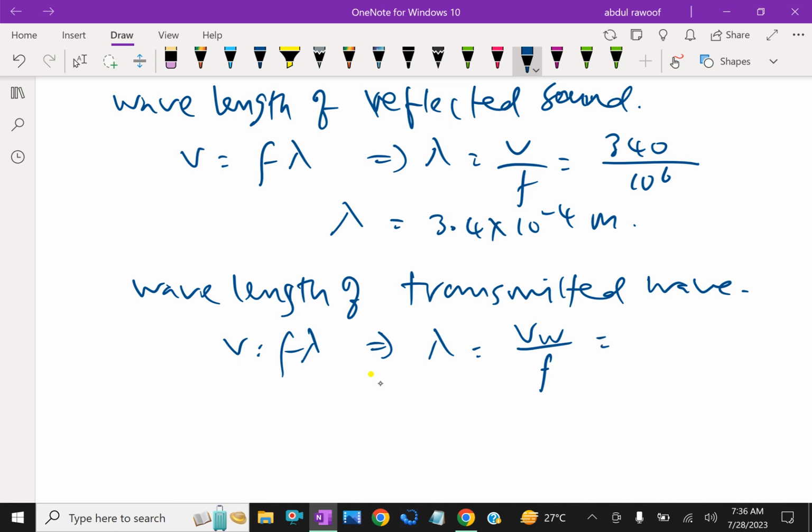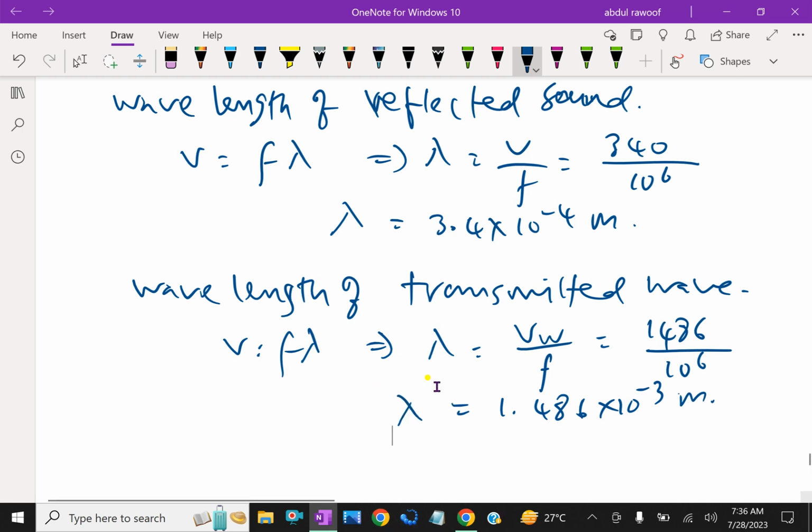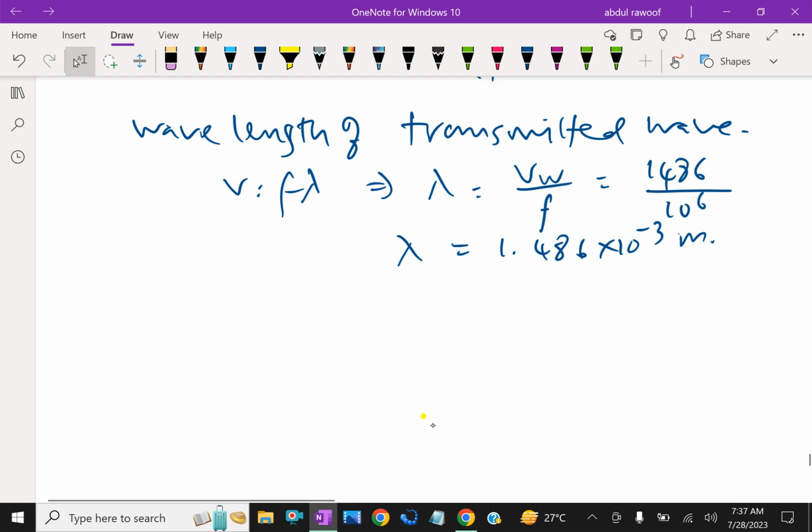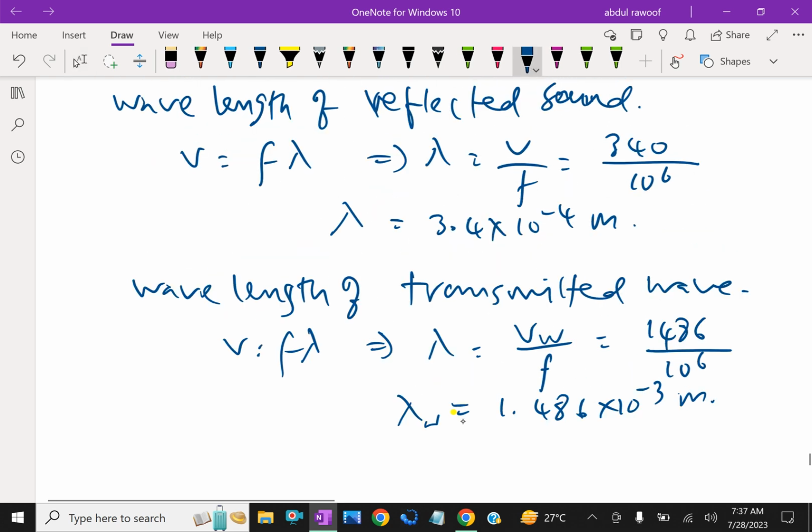Velocity in water is 1486 over frequency 10 power 6, which gives the value 1.486 into 10 power minus 3 meter. Now we calculated the wavelength of the reflected signal from the water surface and the signal transmitted through the water. Both we got. We can write lambda water, lambda air.